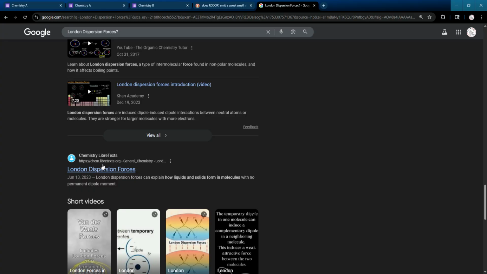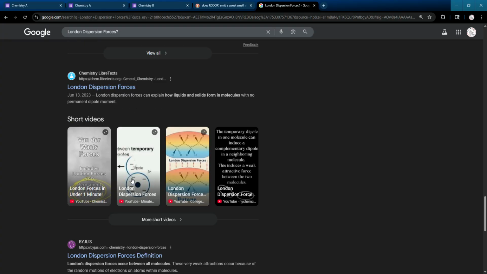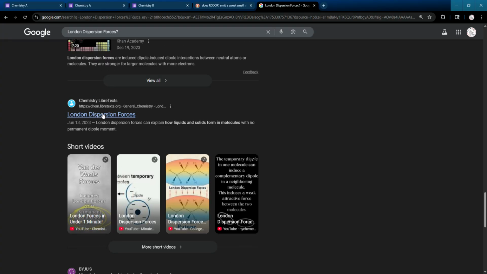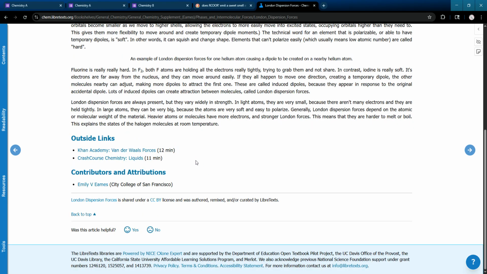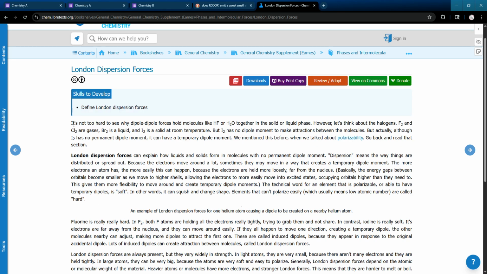which is my go-to website, but for chemistry seems to be this LibreTexts, which is a lot more verbose. It's not too hard to see why dipole forces, London dispersion forces.